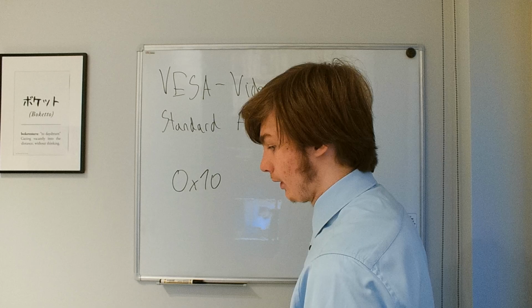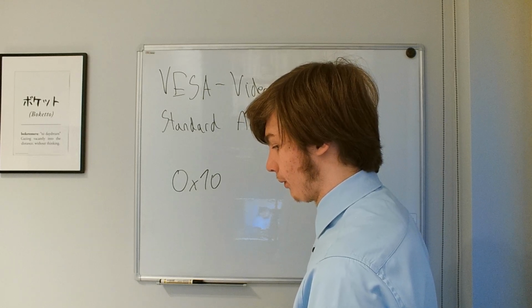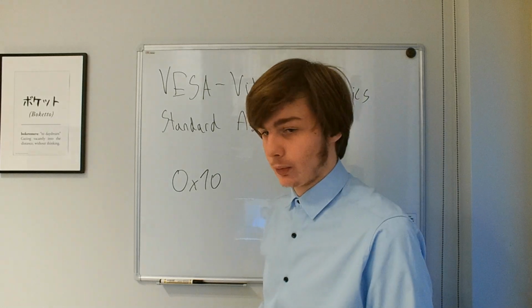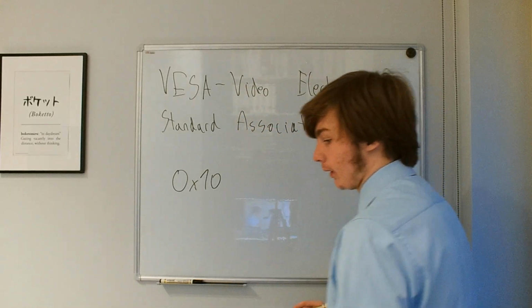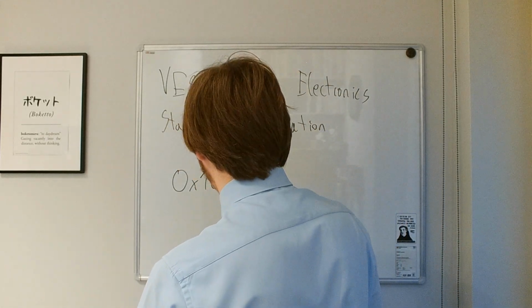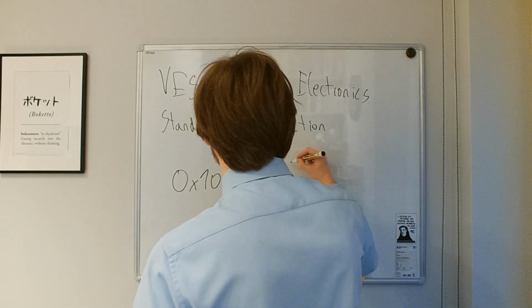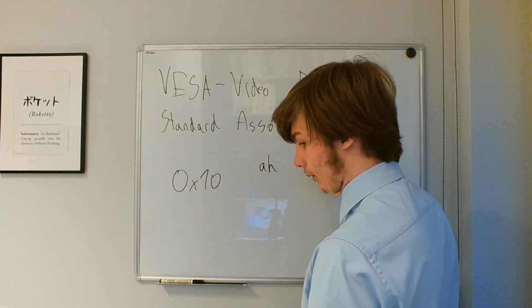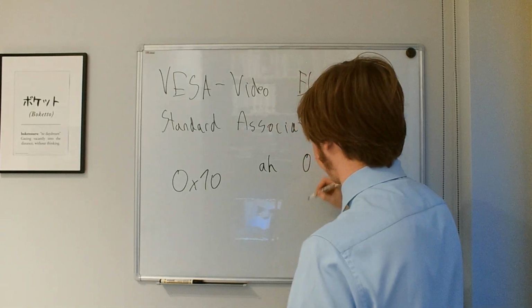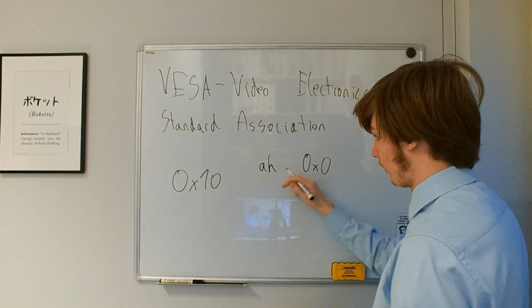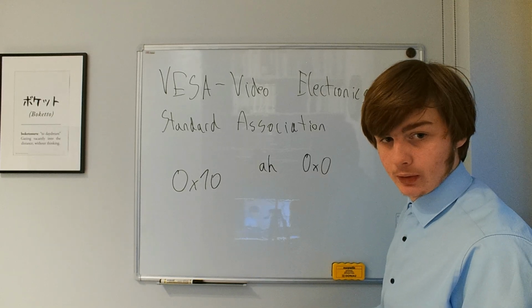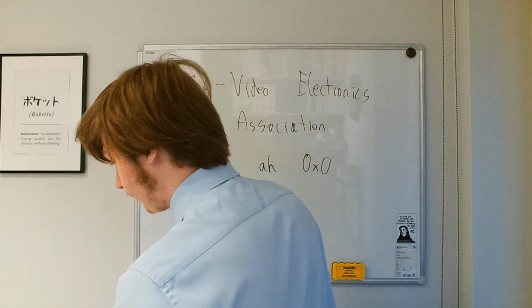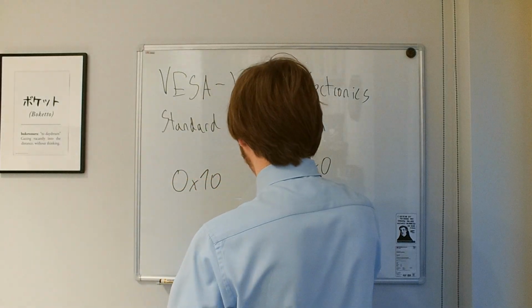And in order to set a given mode, and this is most relevant to us, you would use the instruction with the AH register equal to 0. I will write that hexadecimal explicitly. And then AL would be the mode that you want to set.